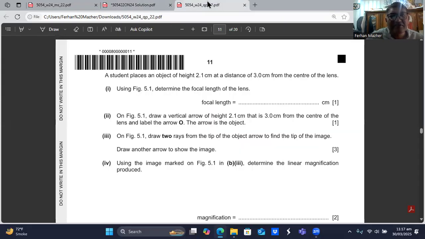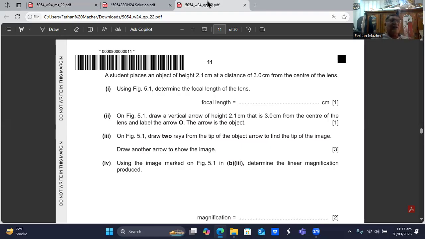Okay, we are done with this. Using the image marked on the figure 5.1 in the third part, determine the linear magnification produced. You know the linear magnification, there are two formulae for the magnification. The linear magnification is the height of the image divided by the height of the object.